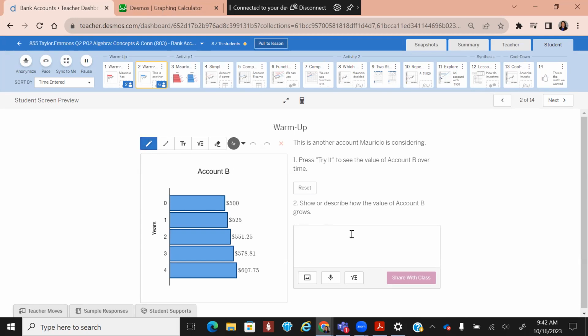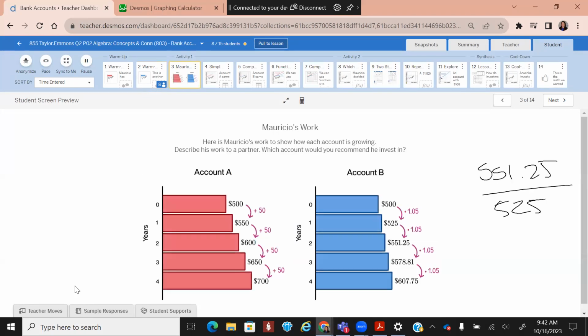Okay. Well, how do we figure out what that rate looks like? Well, we can divide the second term divided by the first term, and that might help us. Okay. Let's look at slide number 3. So here is the work shown. So we were actually multiplying by a rate of 1.05 to get the next one.